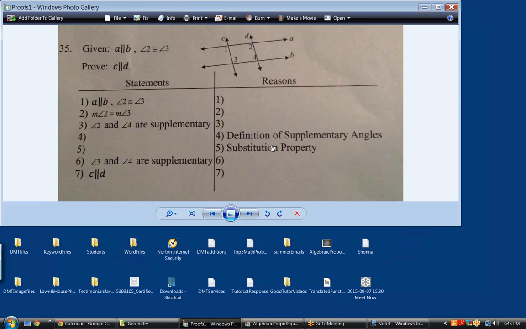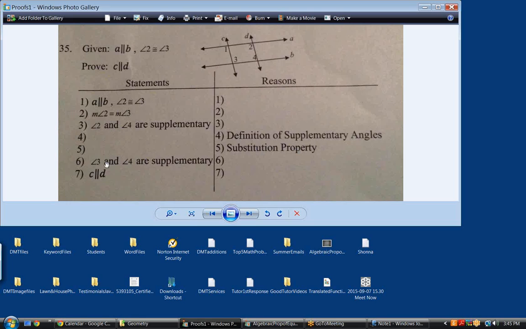So that's the reason for that. So what goes here, you suppose? And look at the next one. The next one says 3 and 4 are supplementary. Oh, you could replace the 2 with the 3? You got it. So number 5 would be angle 3 and angle 4 are supplementary based on the substitution property.